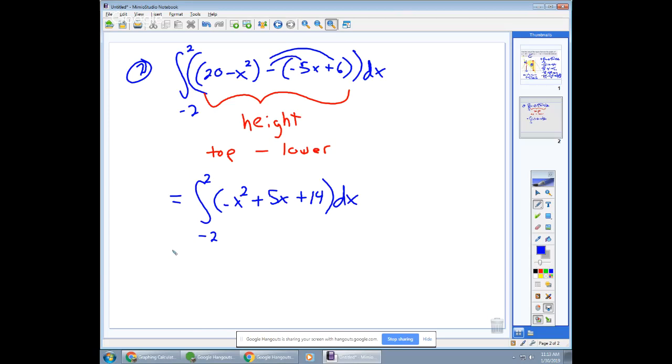And then we have to take the antiderivative and evaluate at the bounds. So antiderivative, like before, just different signs. -x cubed over 3 plus 5x squared over 2 plus 14x from -2 to 2. So plug those in and then try my calculator.